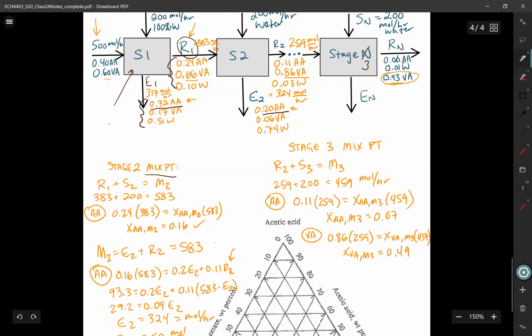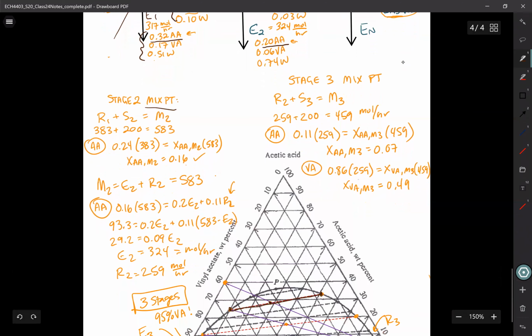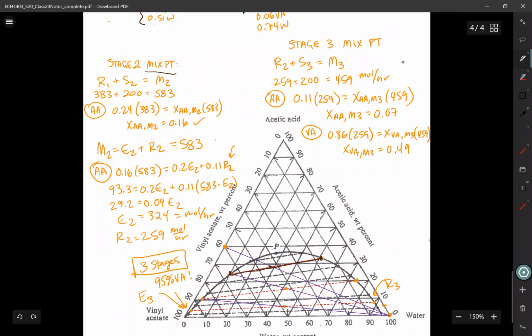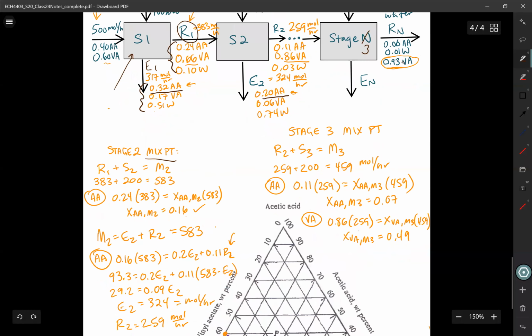I didn't write the composition of acetic acid in my third extract stream, but it looked like it had about 5% acetic acid, so 0.05 AA. This trend is reproducible. You see this all the time in cross-current liquid-liquid extraction processes: the solvent stream, the extract, becomes more pure the more stages you add to this process.